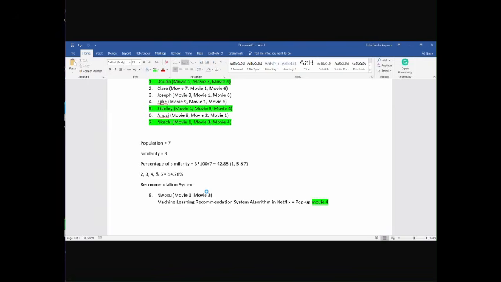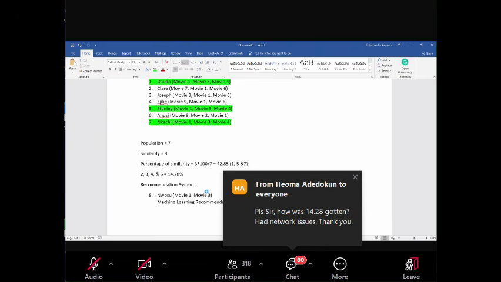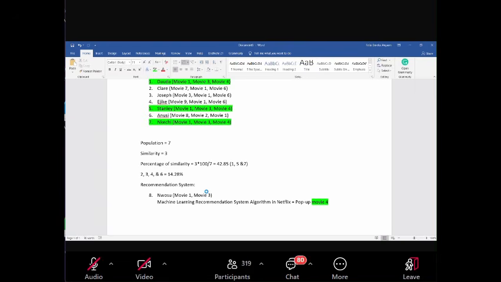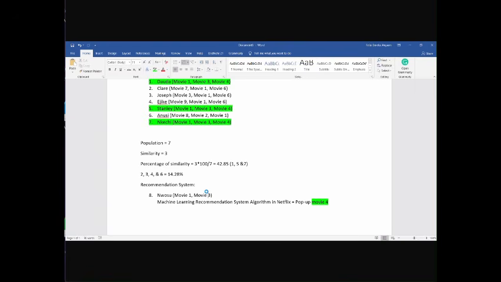This sort of thing is not only seen in Netflix. You can also see it in Amazon and in Jumia. You buy a particular type of watch in Jumia and it recommends an item that will fit perfectly with that watch, and you wonder how it knew you would need this. It didn't know.